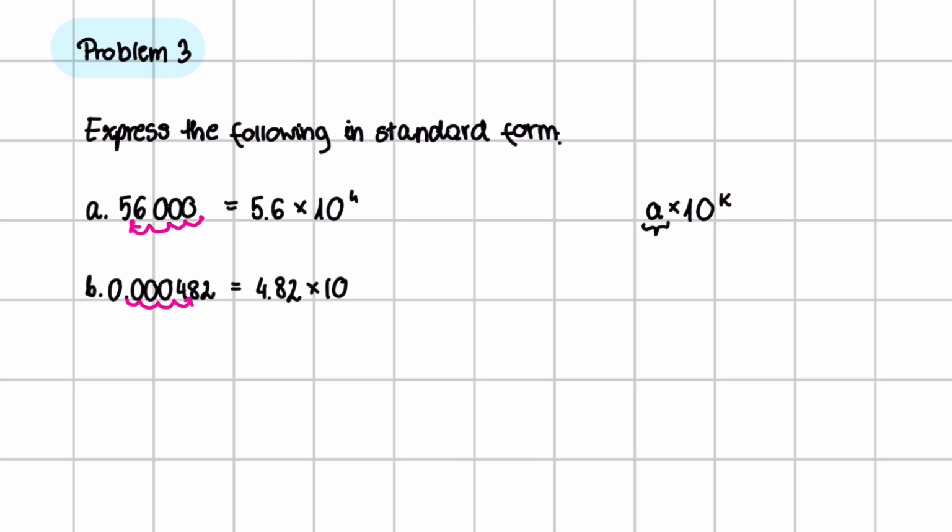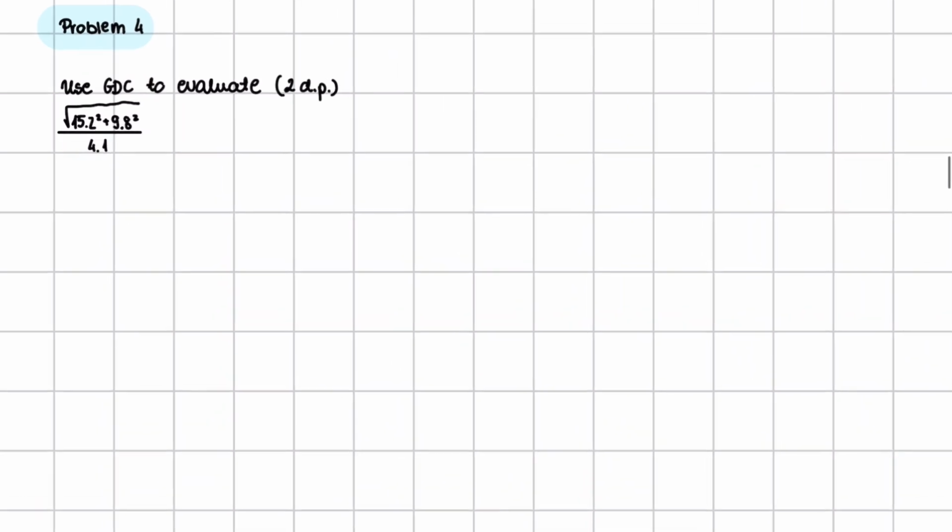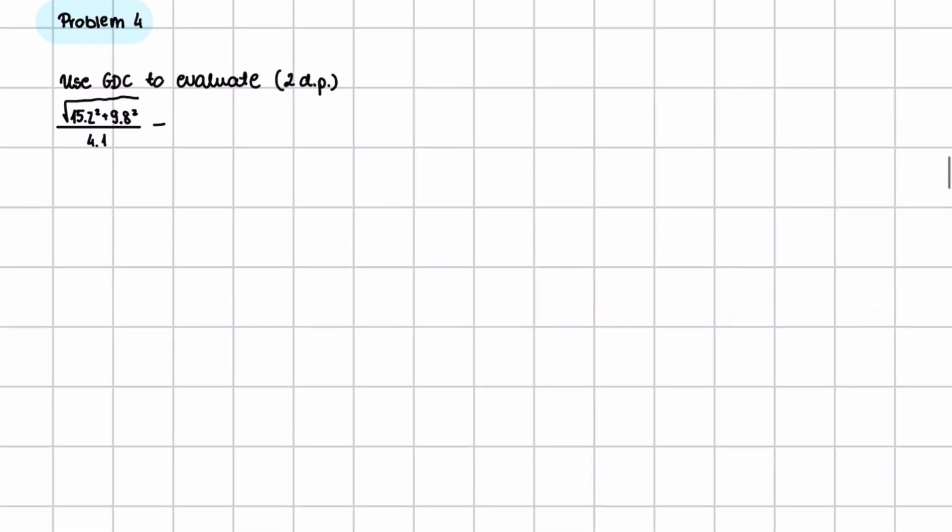So our power will be negative 4 because we move the dot to the right. So when we move to the right, we have negative power, and when we move to the left, we have positive power.